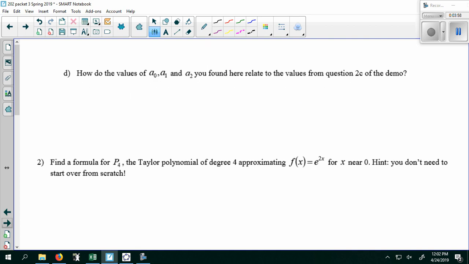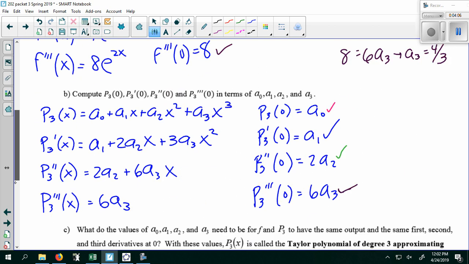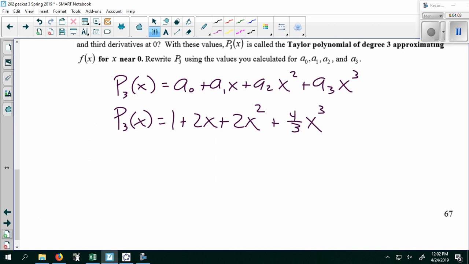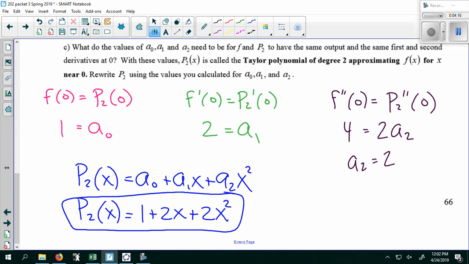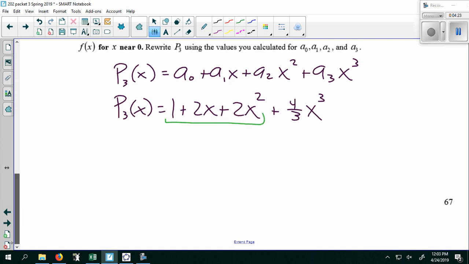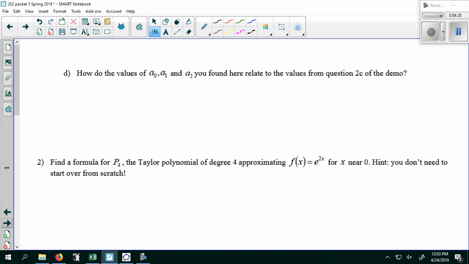All right, compare the values of a0, a1, and a2 for the quadratic and the cubic approximating function. So if we just look at the first 3 terms of this cubic approximating function, that is exactly what we got when we did the quadratic approximating function, 1 plus 2x plus 2x squared. So they are the same.